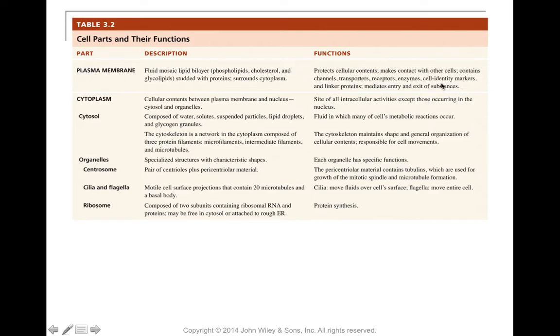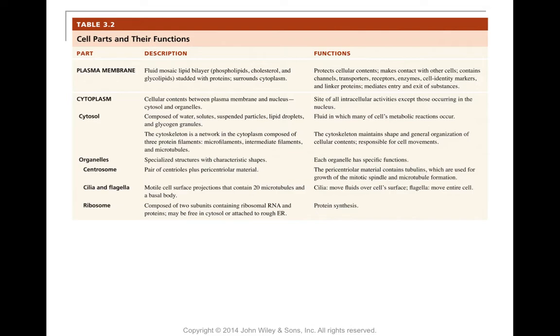Again, there are cell identity markers, linker proteins, and mainly mediating things into and out of the cell to help maintain homeostasis. Now, the cytoplasm, again, is both the cytosol, which is the liquid portion, and all of the different organelles. It is also very important because this is the site of all of the intracellular activities, with the exception of things that are occurring in the nucleus.